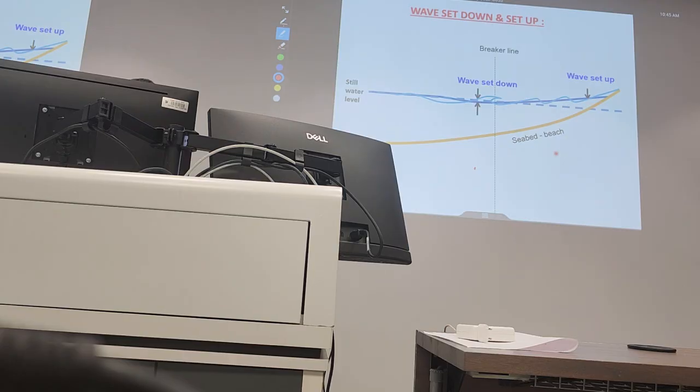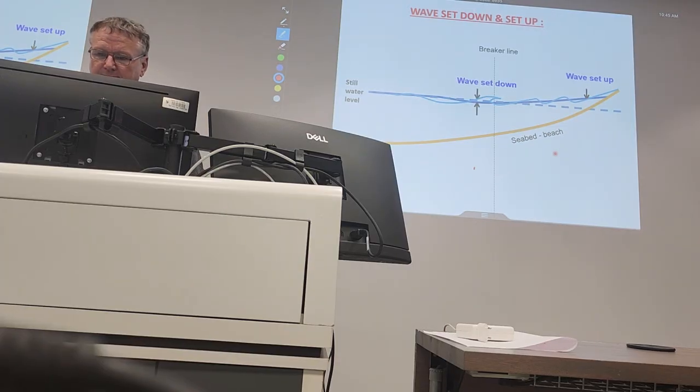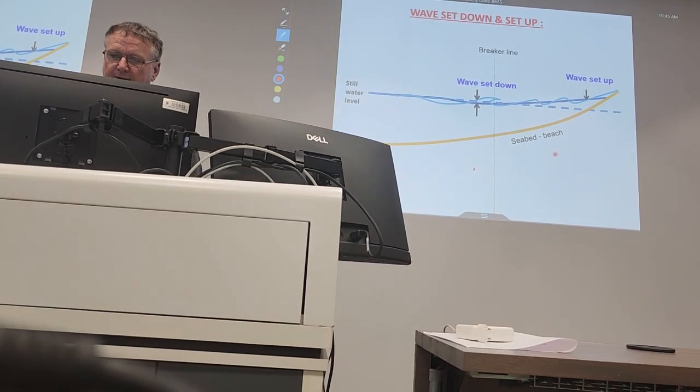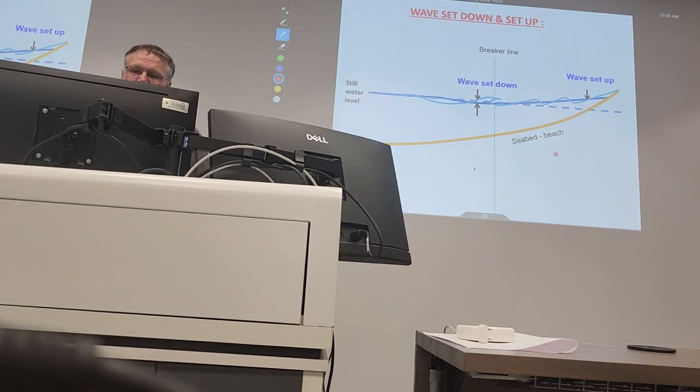If I look at my wave setup and set-down, you'll see that dotted line is my still water level line, the solid blue line is my wave setup line, and the light blue is just the normal wave breaking and wind actions.